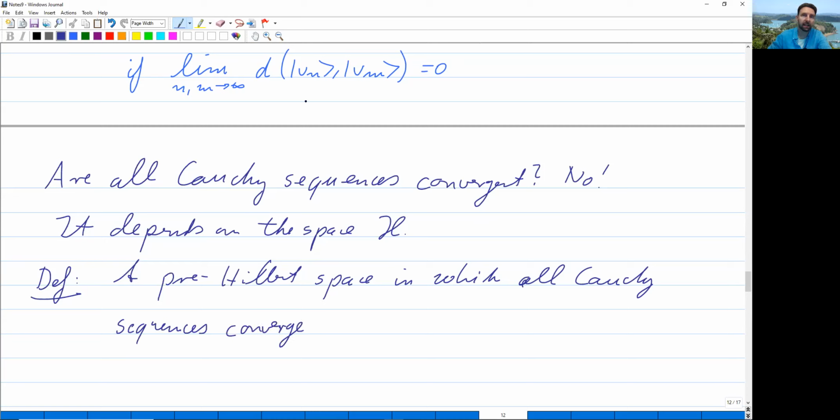That is to say, if subsequent vectors get closer and closer to each other, then there is a vector towards which they converge. A pre-Hilbert space in which all Cauchy sequences converge is called a Hilbert space.